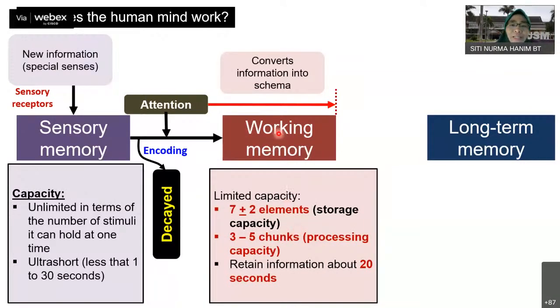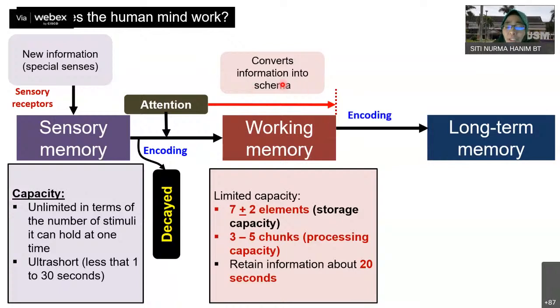So within 20 seconds, it is very important for working memory to convert the new information into schema. How? By controlling our pacing. We have to go one by one at one time. That is working memory. I'll explain further about the technique, but this is just how the human mind works.